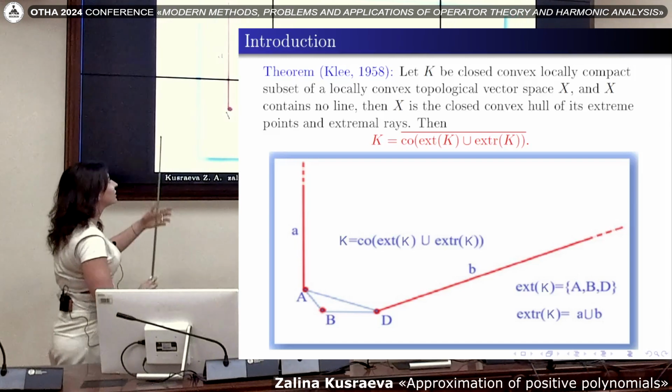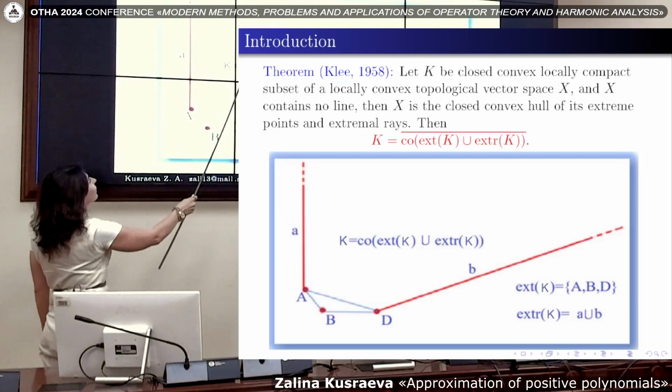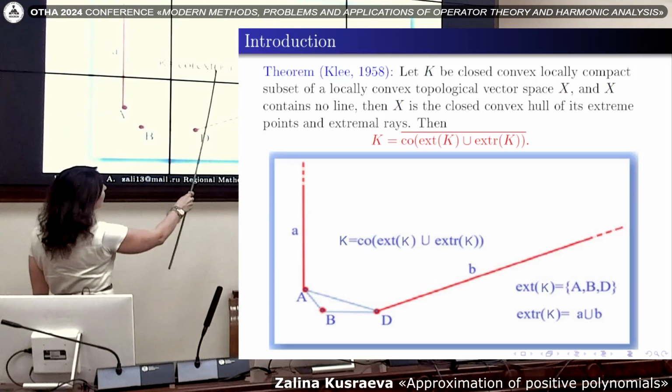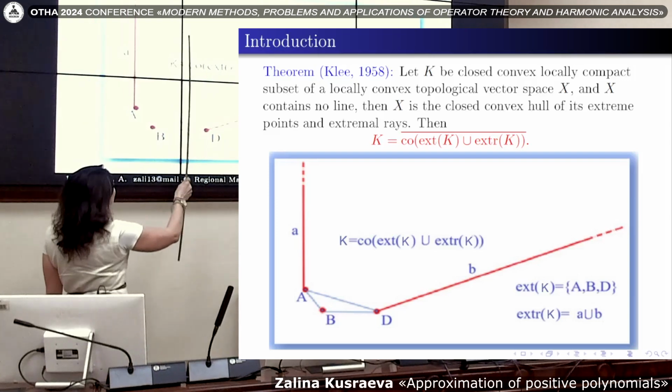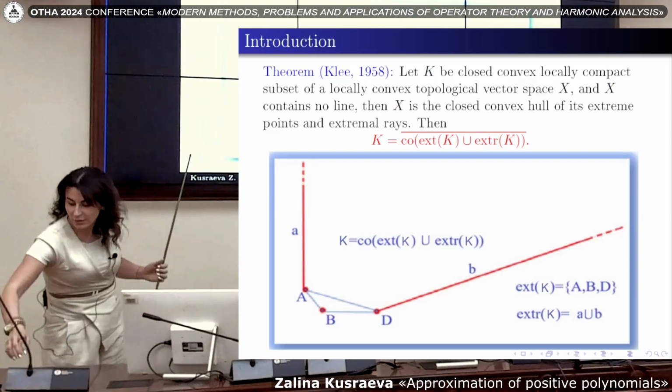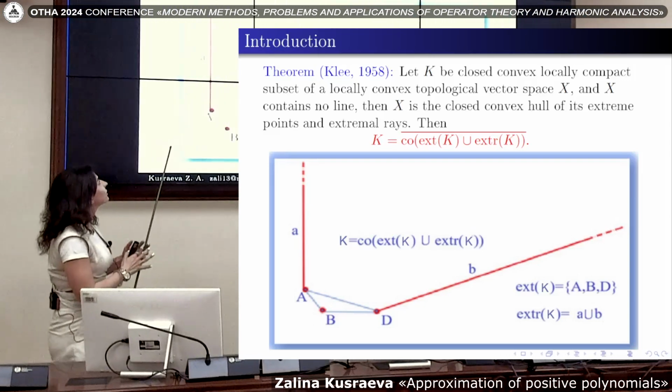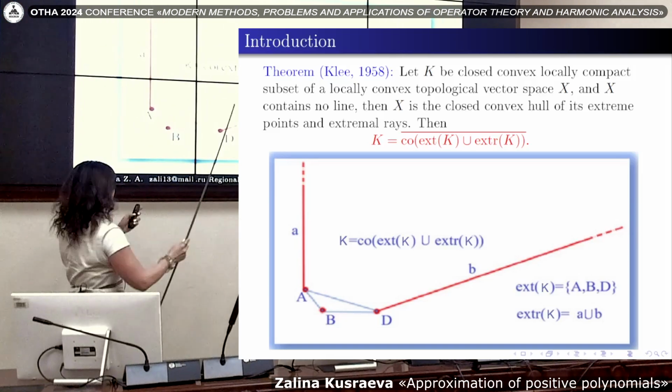So K is, as you see, the convex hull of the union of extreme points and extreme rays, and in the case of an infinite dimensional space, there is also a closure.